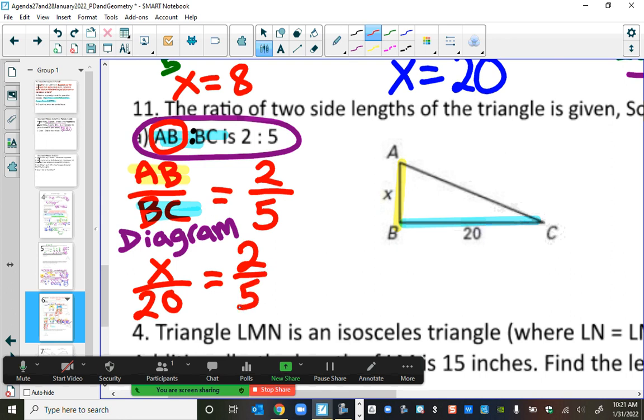Now are we at a point where we can solve for X? Can we solve for X at this point in the game? Yes. Do it. I'll give you a quick minute. Knock it out.